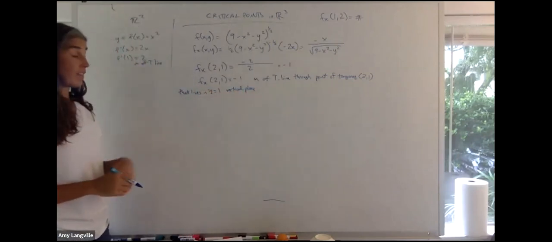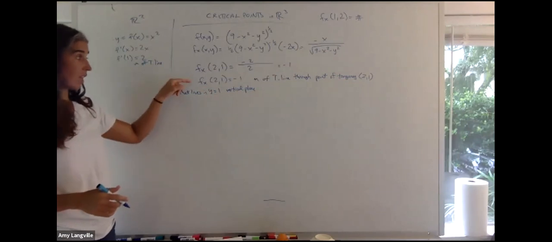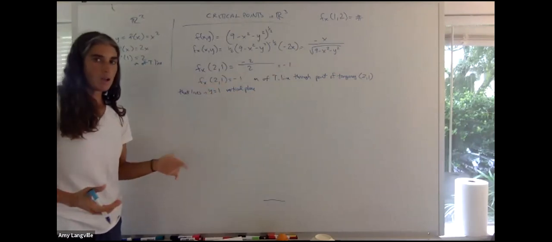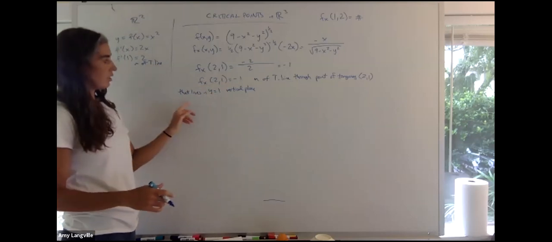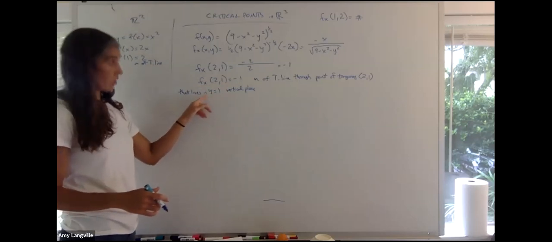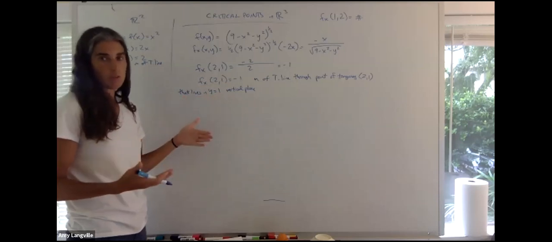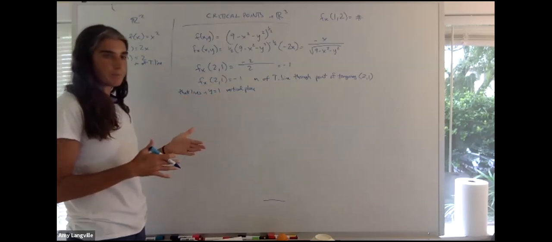Again, there are infinitely many tangent lines through the point of tangency that create a tangent plane, but there's one and only one that lives in the restricted vertical plane. You're restricted by the fact that you computed this partial derivative where you held y constant.